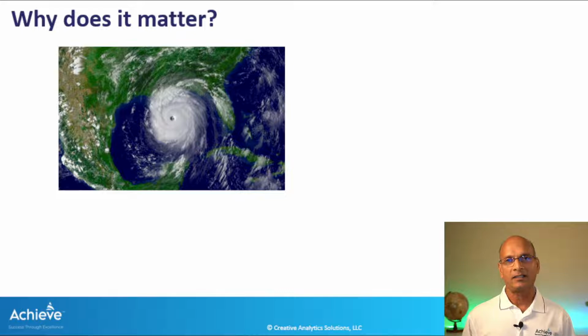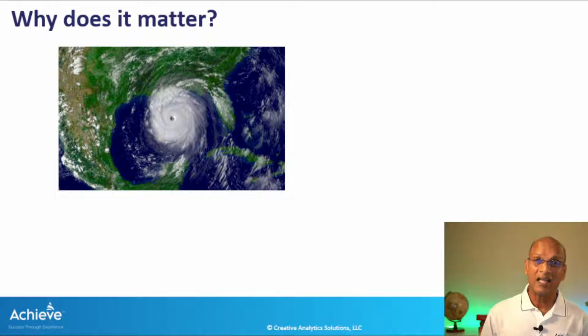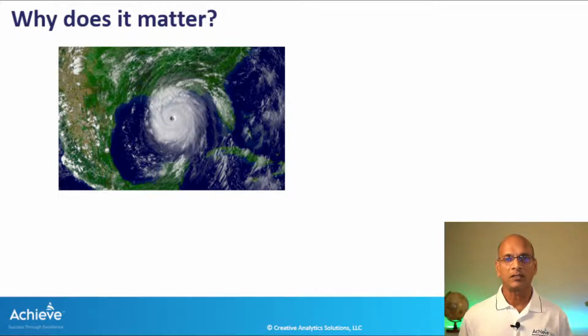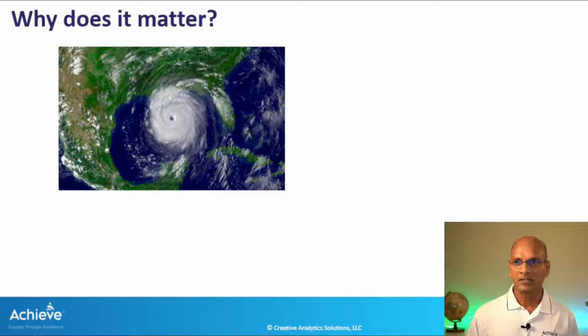So we monitor it and we look at its trajectory and we predict almost on an hourly basis or on a daily basis where it will go. There's a lot of uncertainty in the beginning, but as it gets closer, we get a lot more confidence. So it is detecting the signal and monitoring it at the same time and refreshing our models and predictions to be able to make a decision.